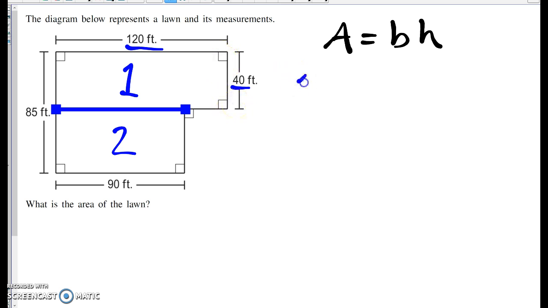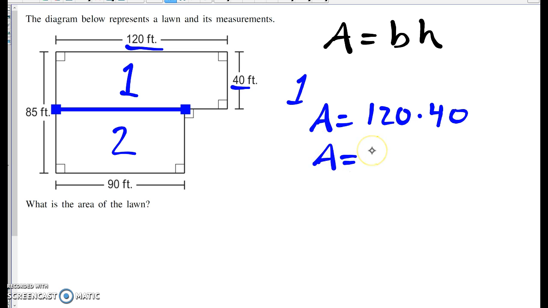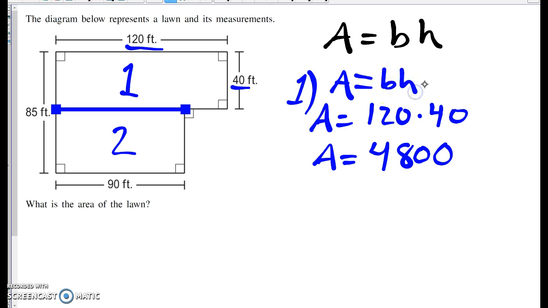So for number 1, we know that the area equals 120 times 40. Calculating that out gets us an area equal to 4,800. So we're starting from our formula and plugging in the values that we found.